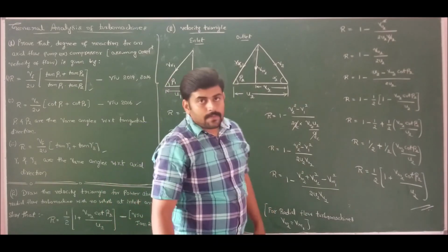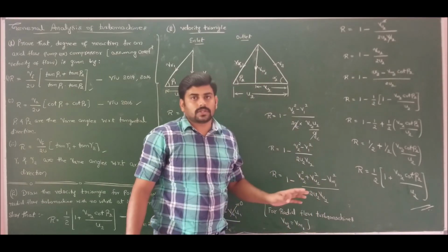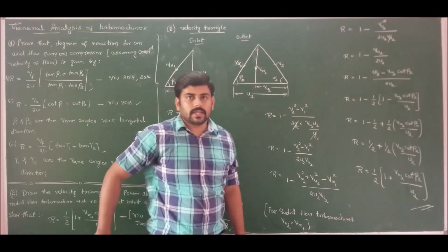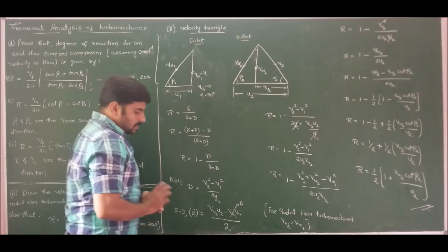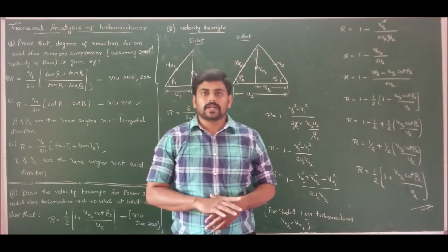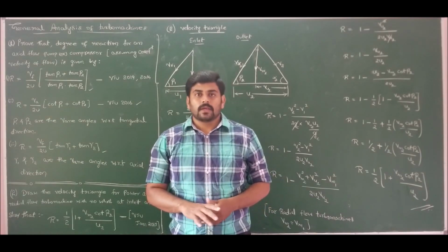So if he has not given it in the question, you should assume this condition and only then solve. Actually this condition should be given in the question itself. So this is the proof he has asked. This completes the very important proofs frequently asked in VTU examinations based on power absorbing turbo machines.